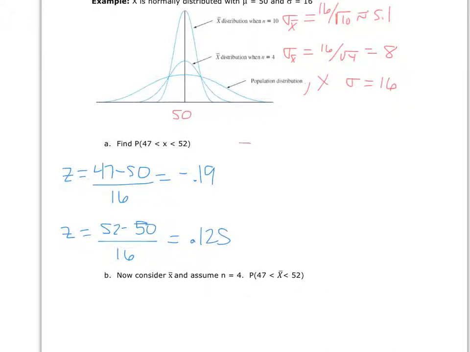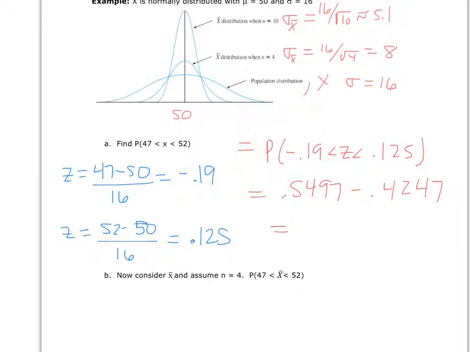So we're looking for the probability that z is between negative 0.19 and a positive 0.125. So from our online tool, we're going to get 0.5497 minus 0.4247. So probability of 0.125.